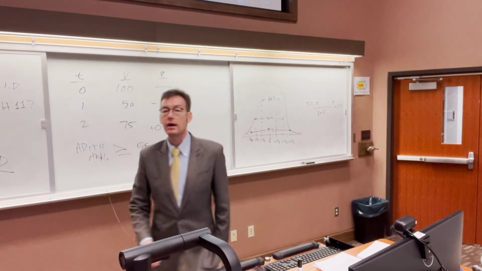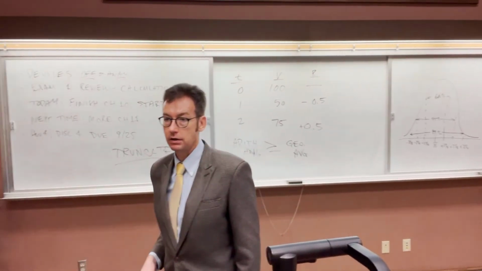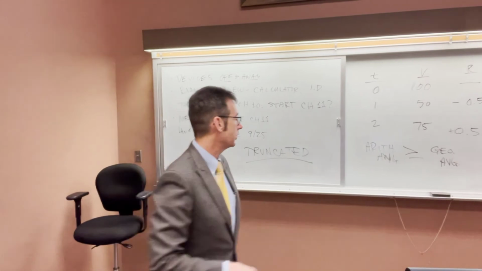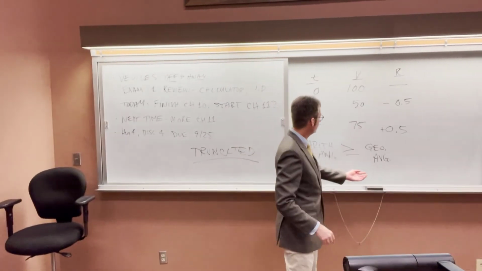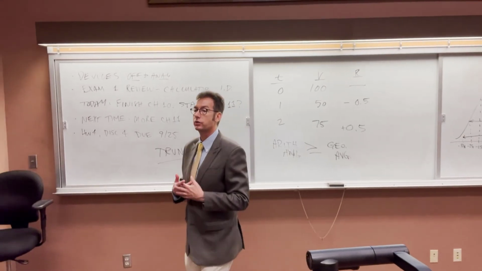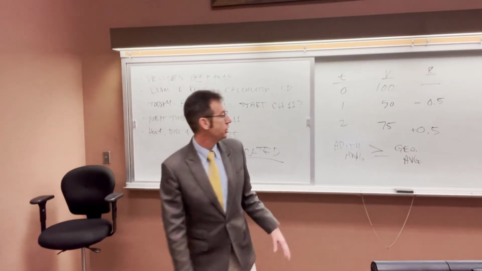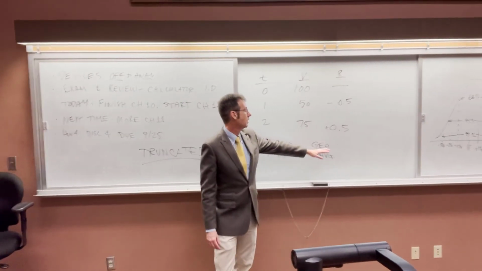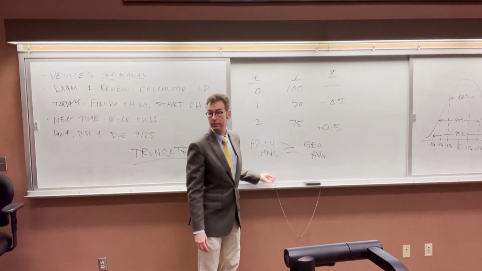You see that we now have something less than the arithmetic average. And so your geometric average is always going to be less than or equal to. As that standard deviation grows, your geometric average will fall further away from arithmetic average.